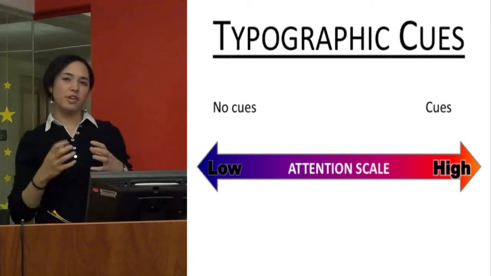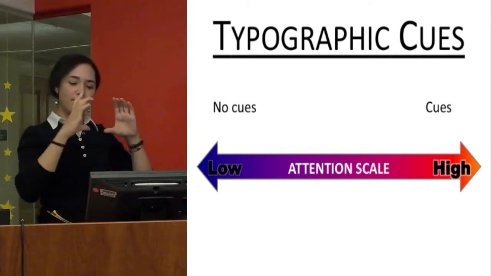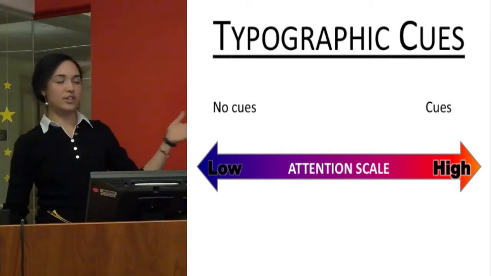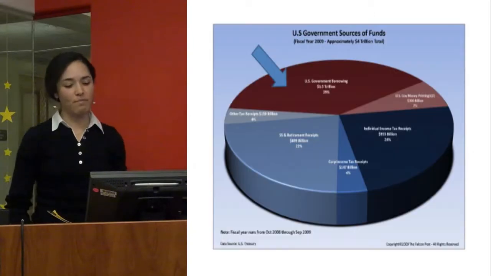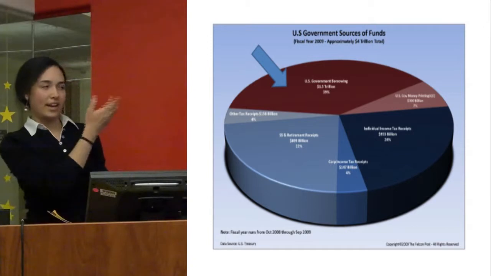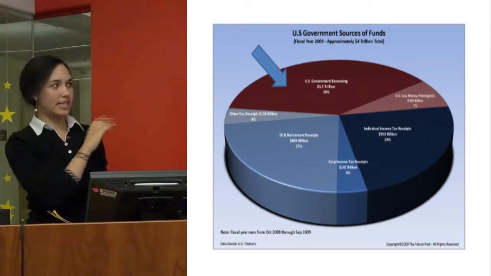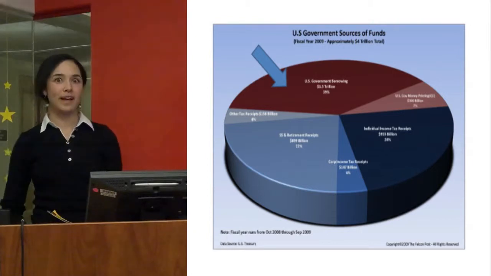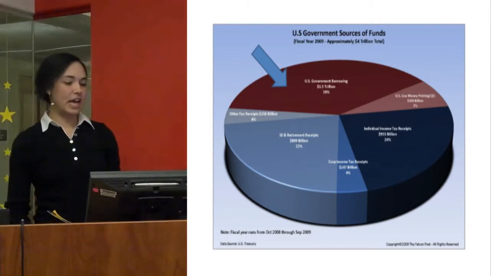Typographic cues also influence how we perceive things. Typographic cues are things like arrows or boxes that set things out. So, no cues, low attention. Cues, high attention. So here's no cues, and then if we add an arrow pointing to that pie slice, that gets our attention more. Okay, perspective. This is very interesting.